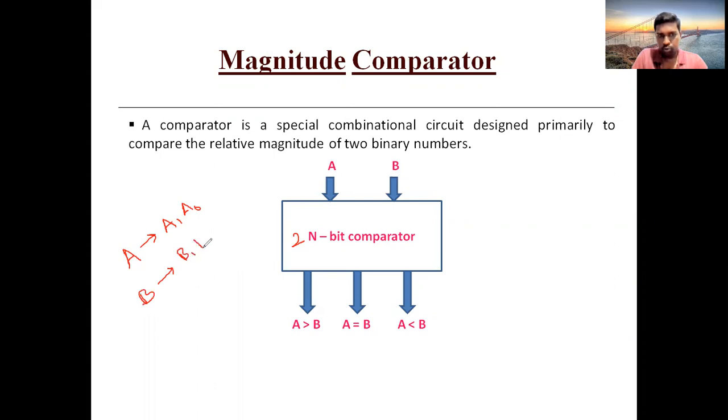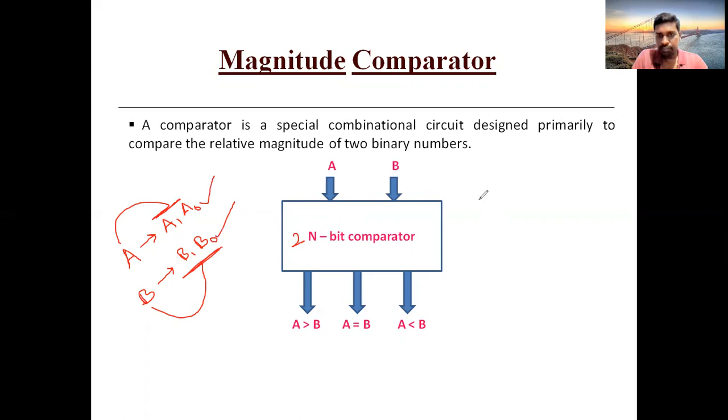So a 2-bit comparator means the A input should be written in terms of 2 bits and the B input should be written in 2 bits. That is the meaning.